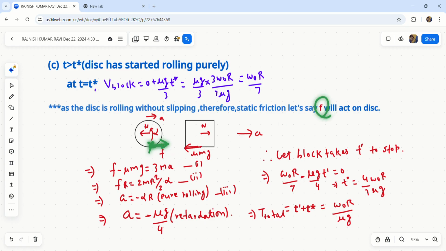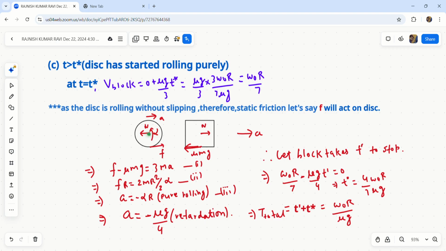We have assumed, let's say F, static friction is acting on this disk in the forward direction. If we take both of these two bodies as our system, the net external force acting on this system is F and mu mg. So F minus mu mg will be equal to 3m into A. This is the net force equal to mass of the system into acceleration in the forward direction.